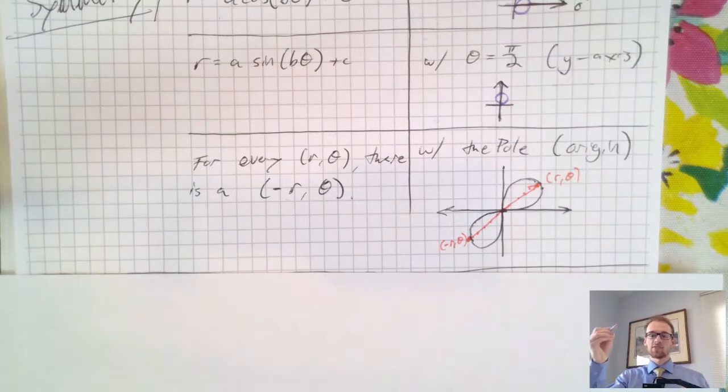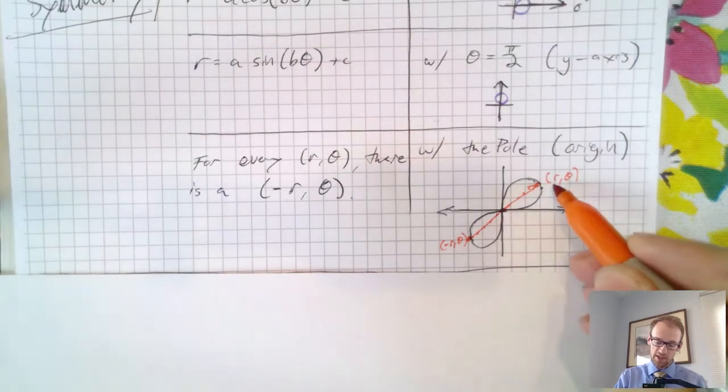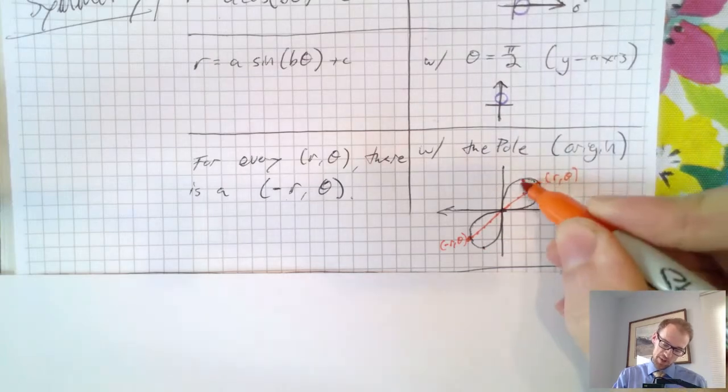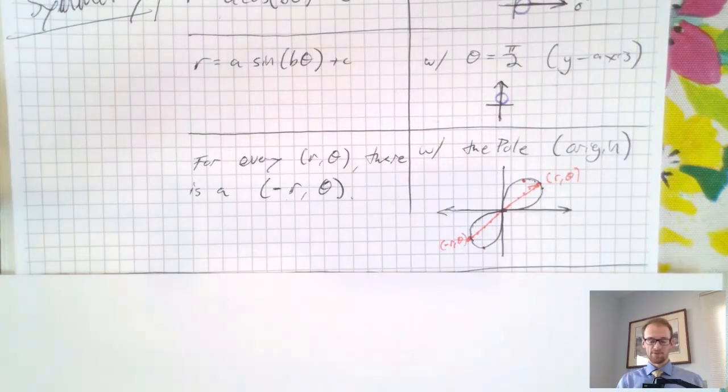There's a point that's directly opposite from it through the origin, and that makes it a graph with polar symmetry. It has symmetry with the pole, which is just the origin. So that's an easy check. If you graph it and you want to know, does it have symmetry with the pole, you just look at that. Does every point have a point that's opposite from it, same theta, opposite radius? That's how I would check that.